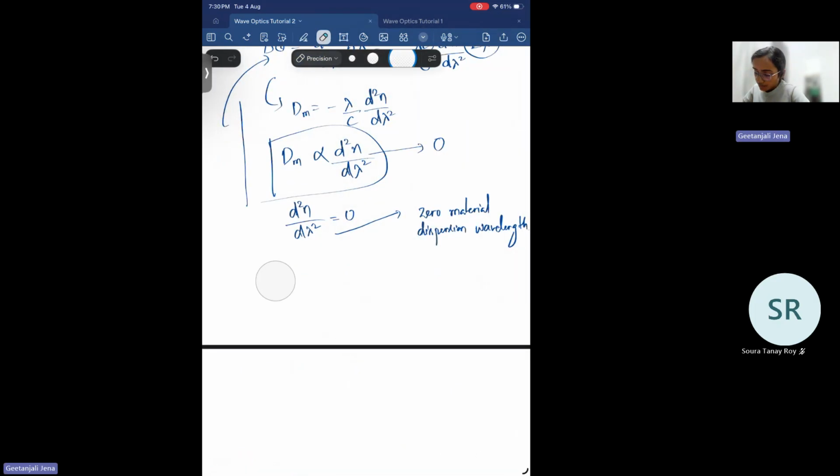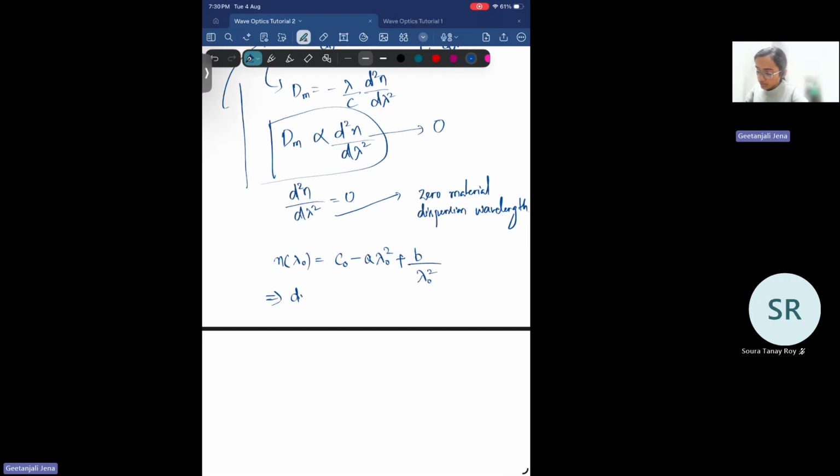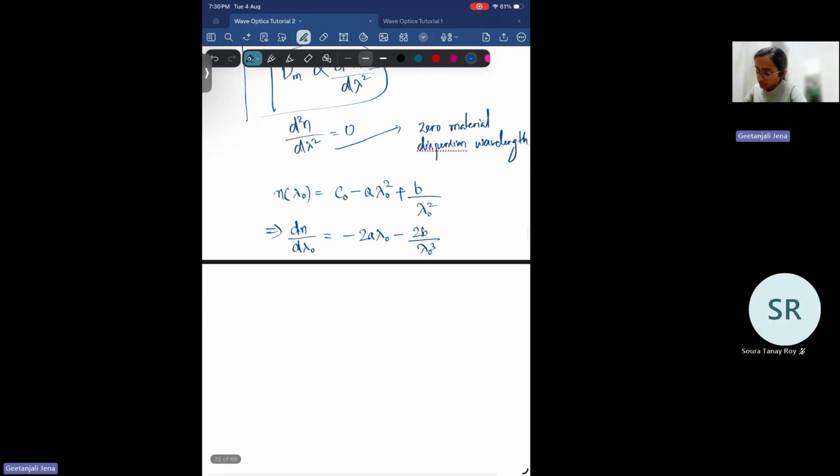So n of lambda 0 is C0 minus A lambda 0 square plus B over lambda 0 square. That means dn over d lambda we can get is minus 2A lambda 0 minus 2B over lambda 0 cube.